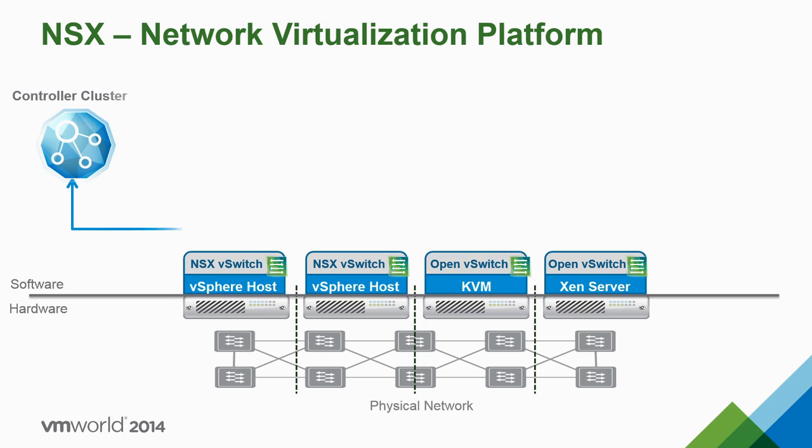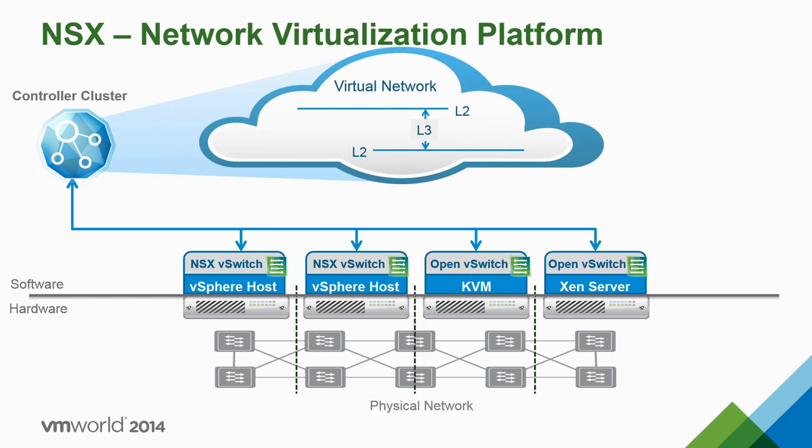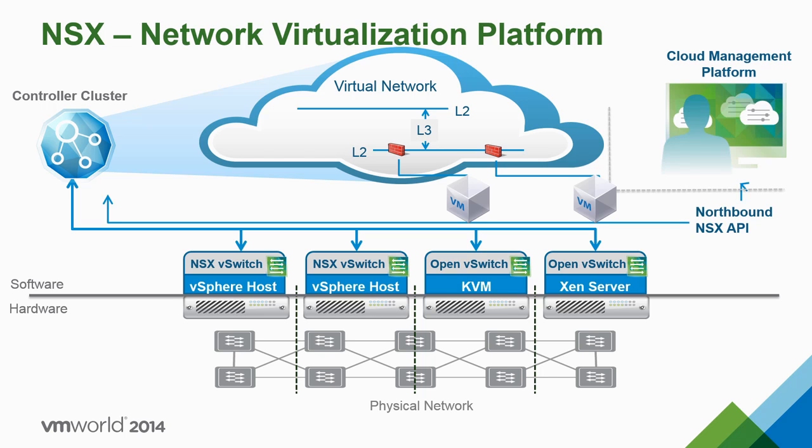But the real brains of the operation is the controller. The controller is actually a cluster of machines. It's a scale-out, highly available system. That cluster stores in its memory representations of virtual networks. Those virtual networks are created, and virtual machines are attached to those virtual networks, by the use of API requests coming into this centralized controller.